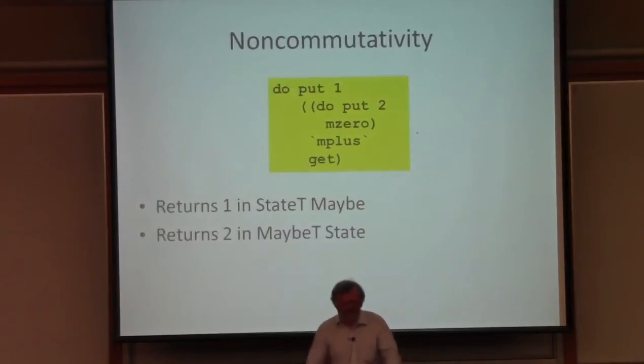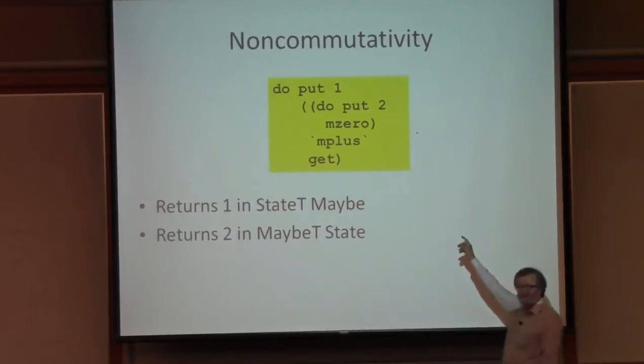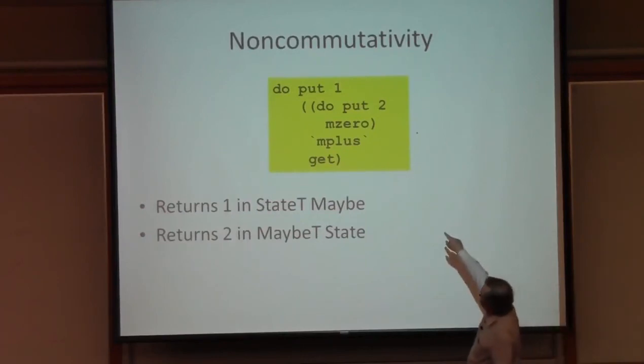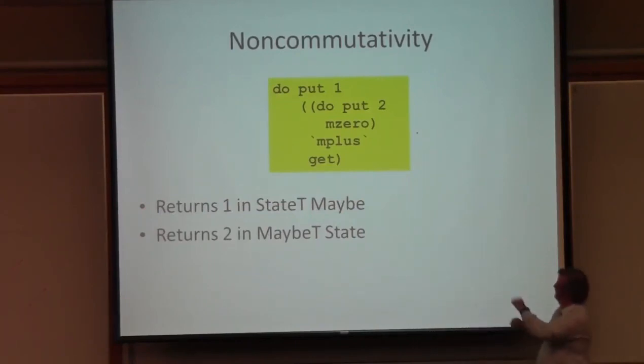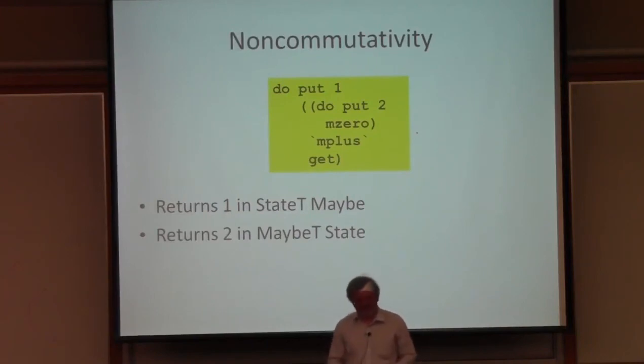Okay, so now we've actually got two ways of combining state and maybe. So we could try both of them, and I have a little example here to illustrate that they really do behave differently. So what does this code do? Well, first of all, it puts a 1 in the state, and then there is a combination of two alternatives, the first one of which puts 2 in the state and then fails, while the second one just gets the state.